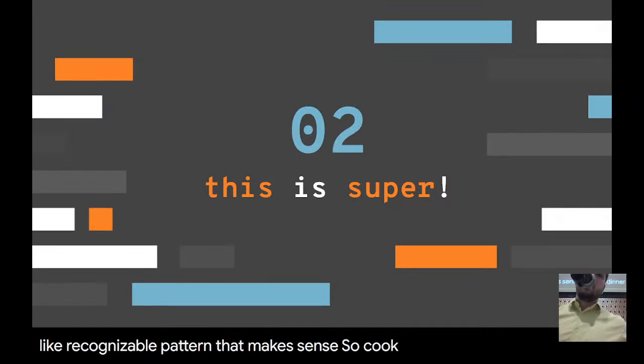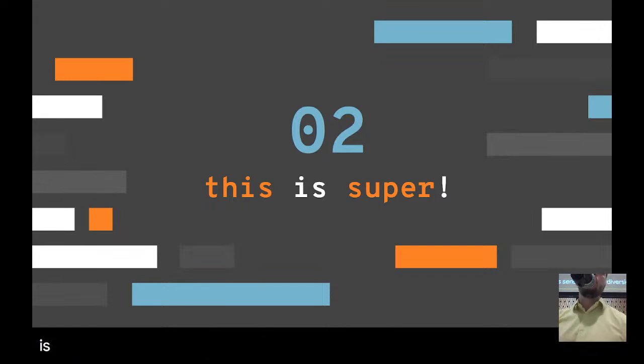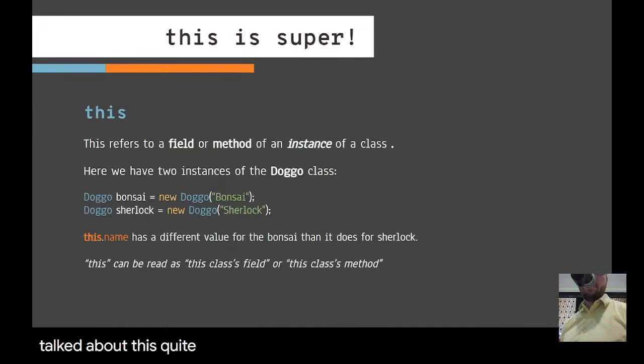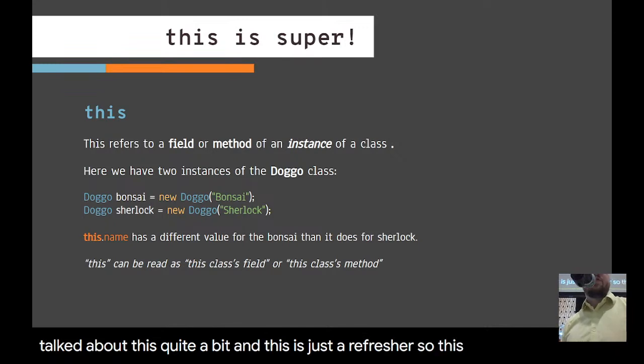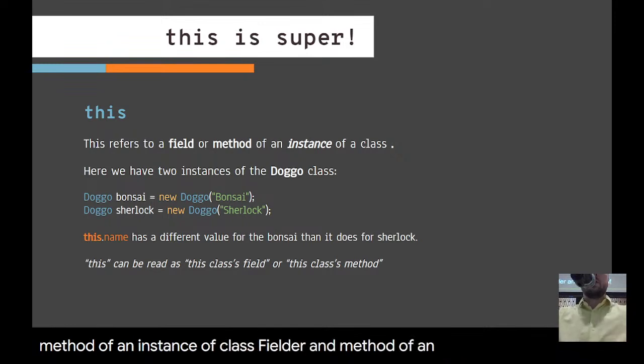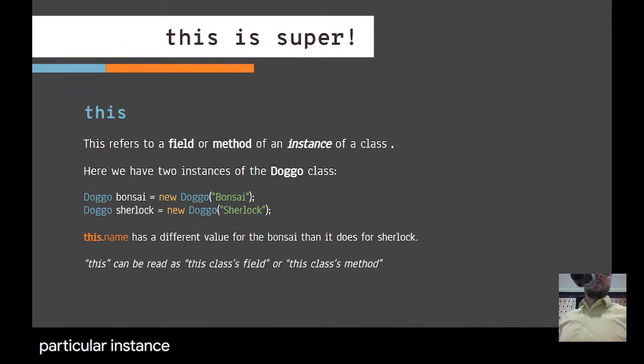So a quick diversion. This section is called This is Super, because we're going to be talking about this as well as super. We've talked about this quite a bit, and this is just a refresher. So this refers to a field or method of an instance of a class, a field or a method of an object. So this is this particular instance.